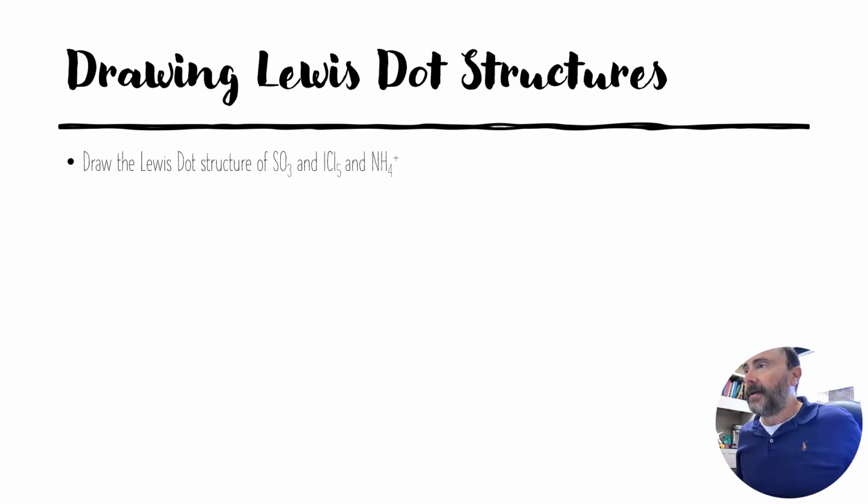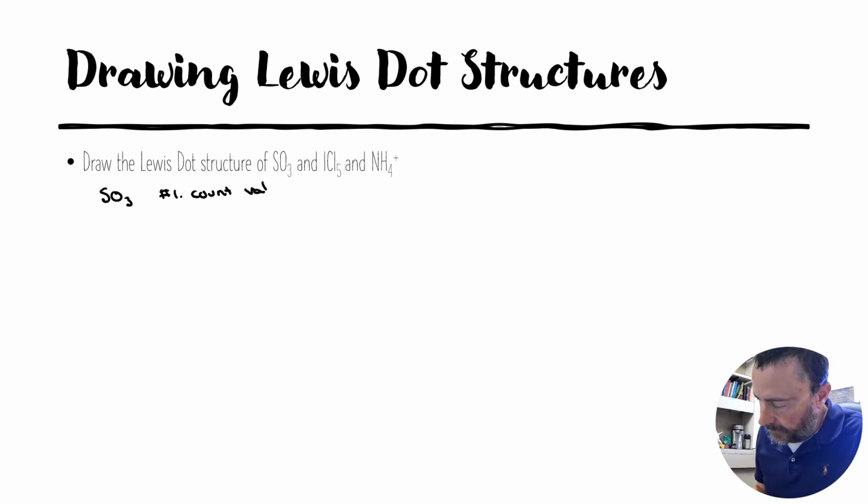So let's draw the Lewis structures of SO3, ICl5, and NH4+. Number one, we'll do SO3. So we're going to count the valence electrons.